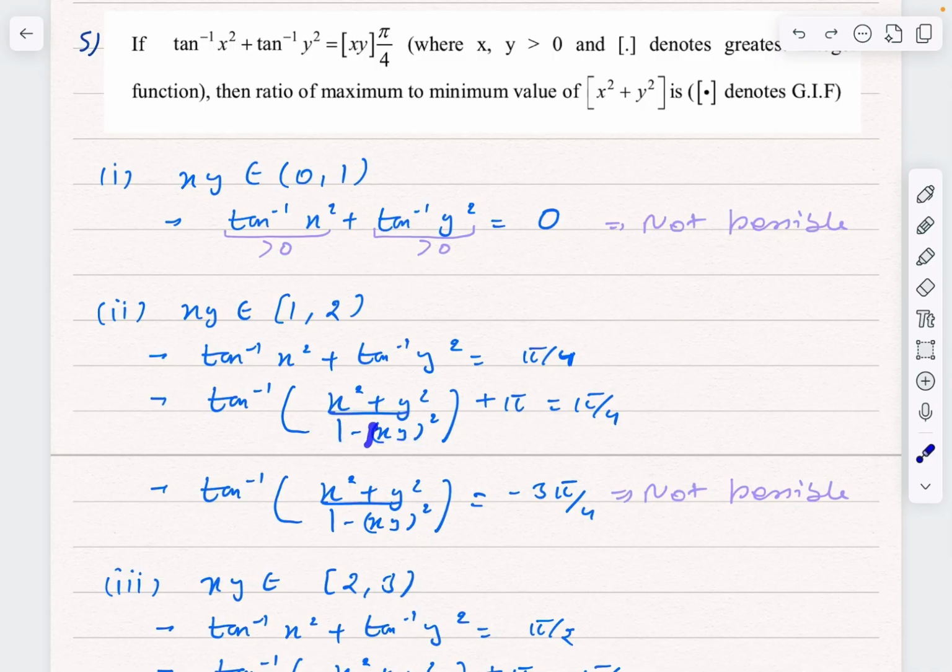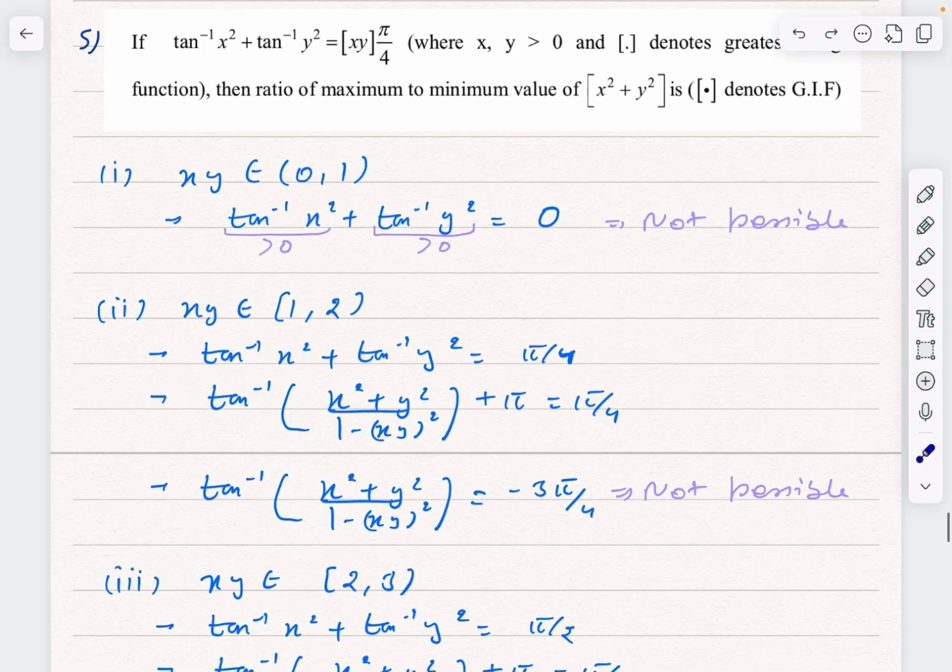You see, xy will be more than 1, so the denominator is negative. But the final value should be positive, so we add pi, because these both the terms are positive. So we get tan inverse x square plus y square by 1 minus x square y square equal to minus 3 pi by 4. Again, it won't be possible, because the range of tan inverse is minus pi by 2 to plus pi by 2.